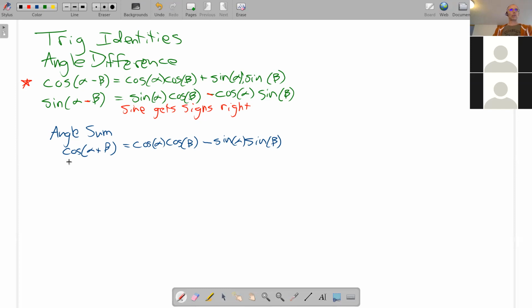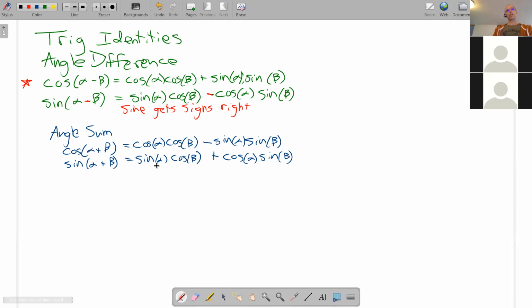And then similar for the sine of the sum of two angles, alpha plus beta, starts off the same way. It's going to be sine of alpha, cosine of beta, plus, because the sine gets the signs right, cosine alpha, sine beta. Right?